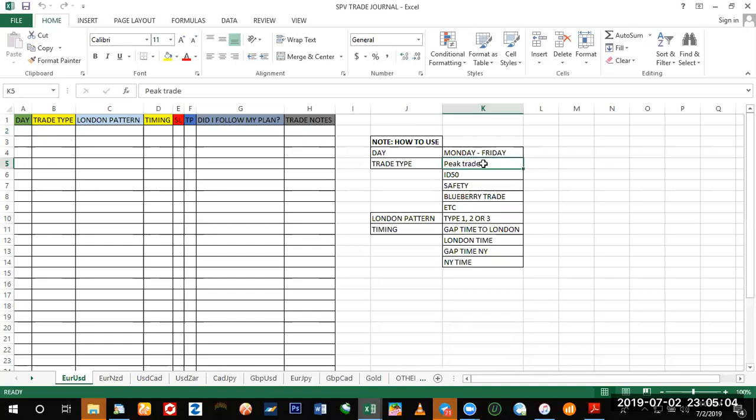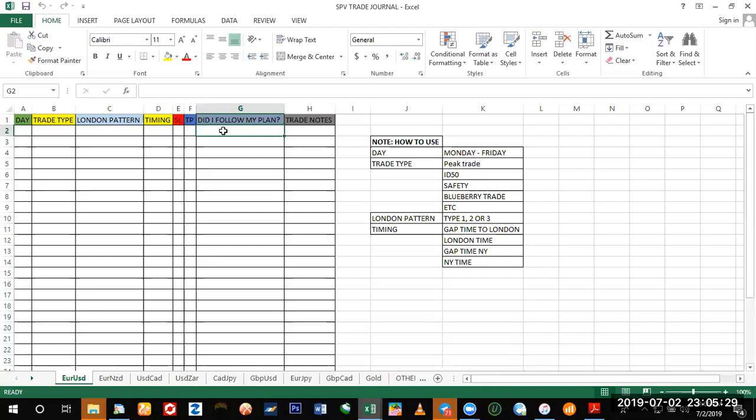This is where you learn how to be selective with the trade. So it's a pick trade maybe, or it's an ID50, or it's a safety trade. What's the London pattern there? It's type 1 or type 2 or type 3. What's the time in there? It's around gap time. Where did you put your SL? It's your TPs, 30 pips, 20 or 50. Did I follow my plan?